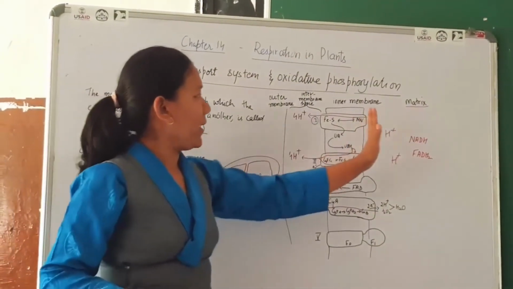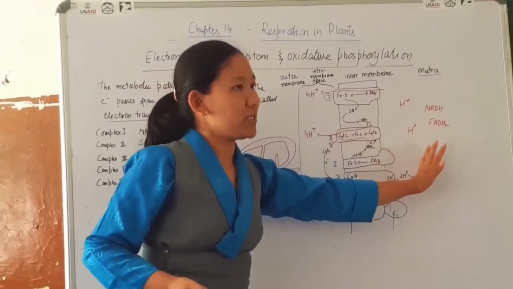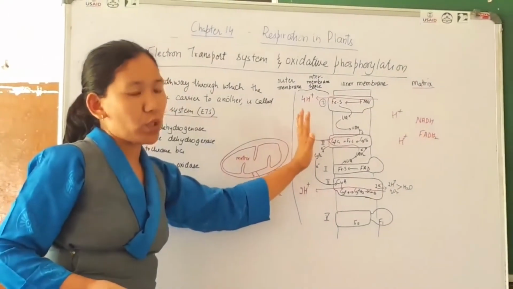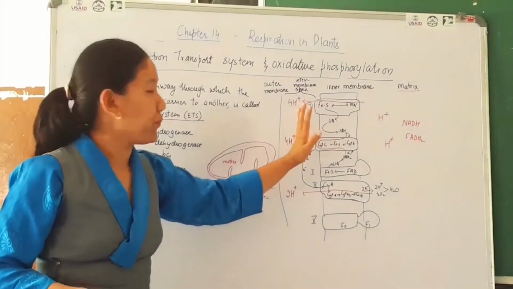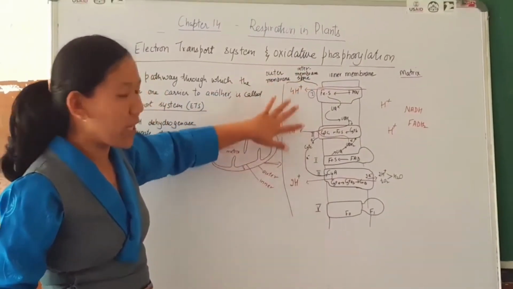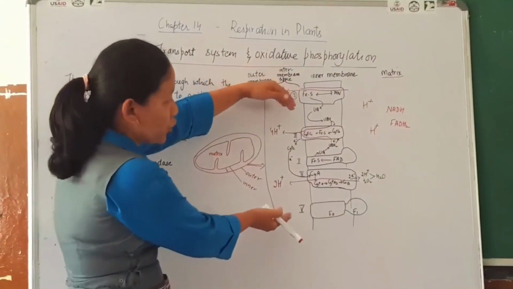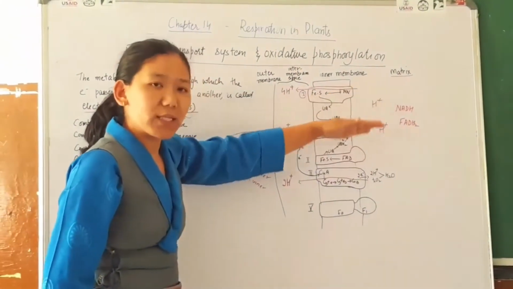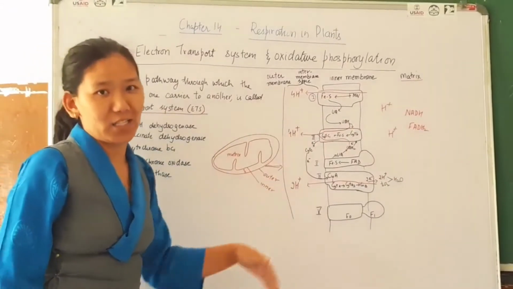When the protons in the matrix are pumped into the intermembrane space, it has a higher concentration of protons compared to the matrix. So you can see the proton gradient.